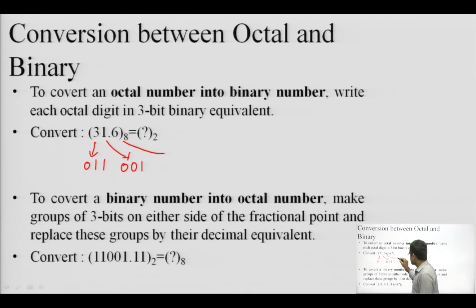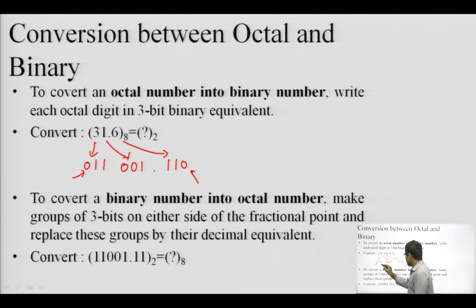For this 6 it will be 1 1 0, and arranging these, now this 0 on the extreme left and this 0 on the extreme right are not required. You can retain them, but there is no need of these extreme zeros on the left or zeros on the extreme right if the number is having both integer and fractional parts.